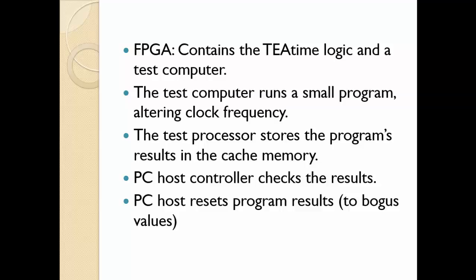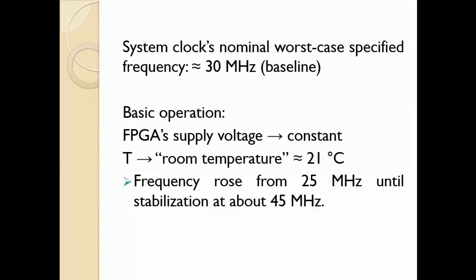The test processor stores the program's result in the cache memory. After every program execution, the PC host controller checks the results, then resets the result to bad data before the next execution.